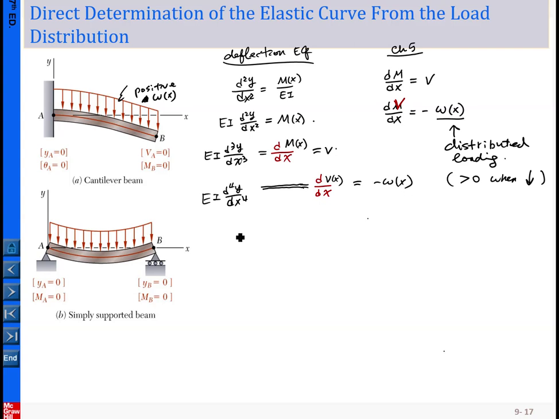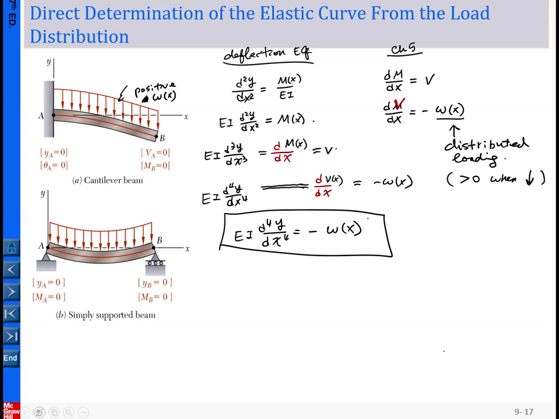So from here we come up with this single equation. If you are dealing with a beam under distributed loading, you might consider starting with this equation. Okay, so this is the derived equation, in particular applicable to a beam under distributed loading.